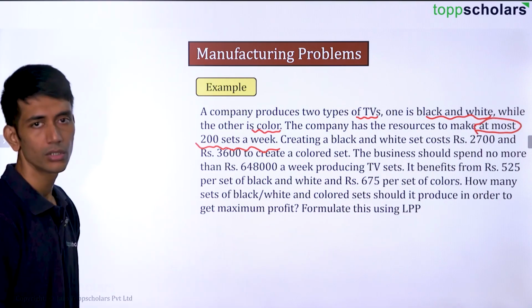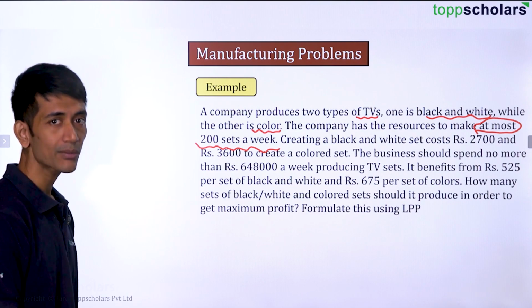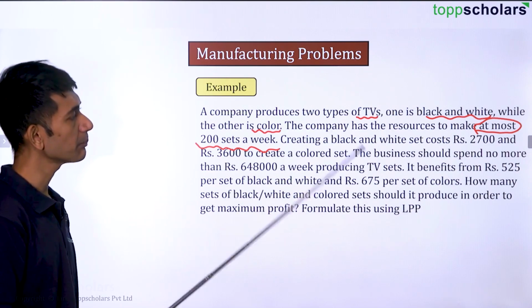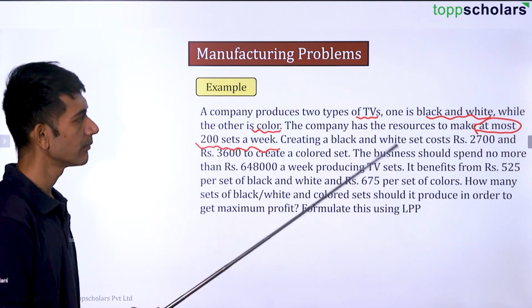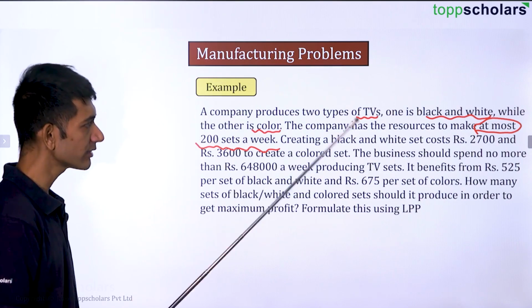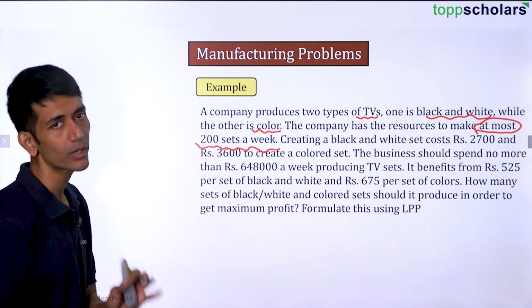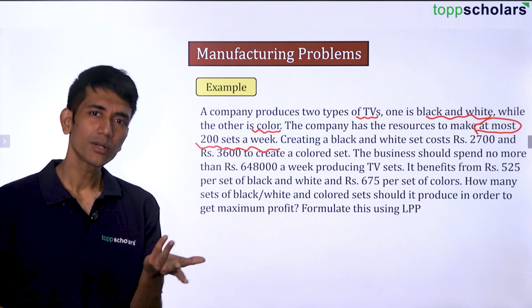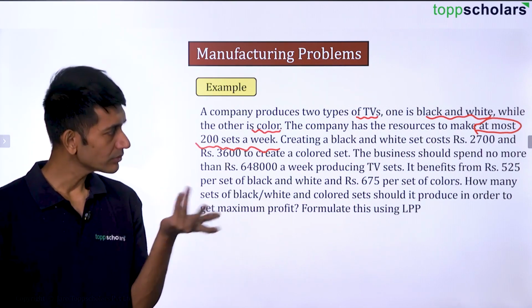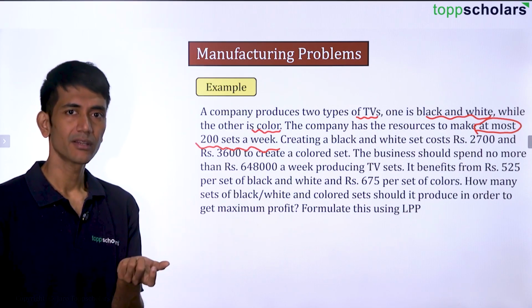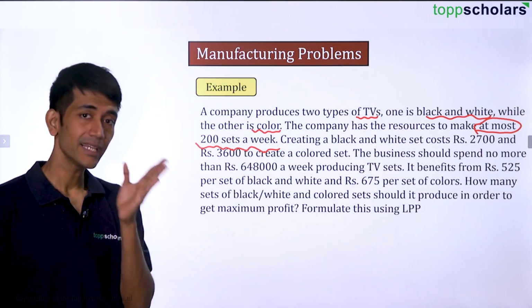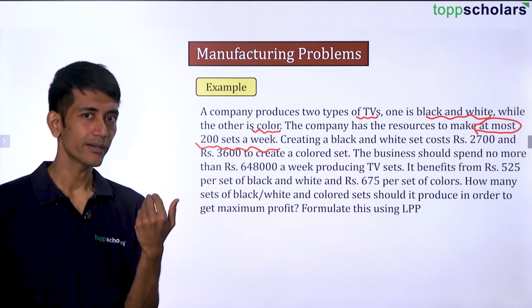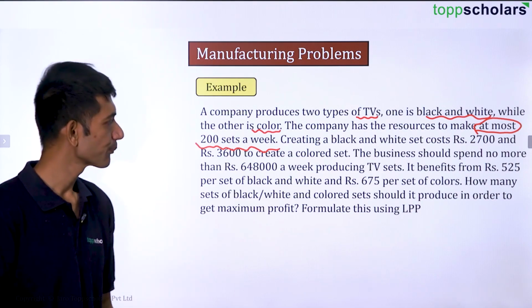At most. What is the meaning of at most? At most means maximum. So the company can make a maximum of 200 TVs. Can the company make more than 200 TVs? Never, because that's the maximum capacity. So they can make either 200 or less than 200. So this is going to be less than or equal to.